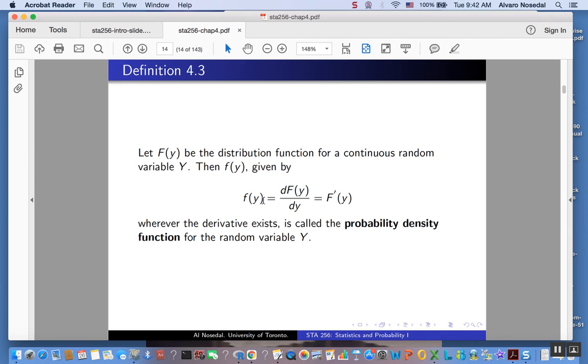That is going to give you the PDF, the probability density function. So that's what we wanted to do in this video: introduce those two important functions in the study of continuous random variables, the CDF and the PDF.